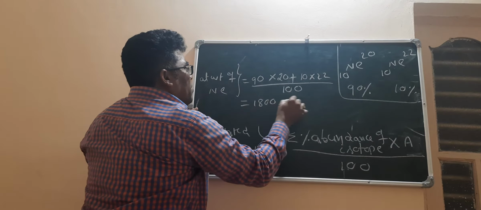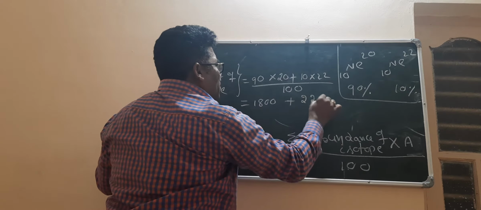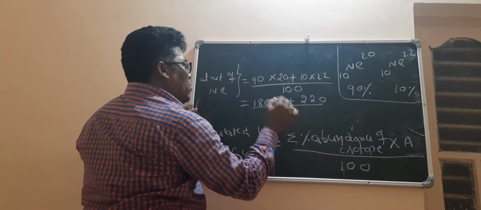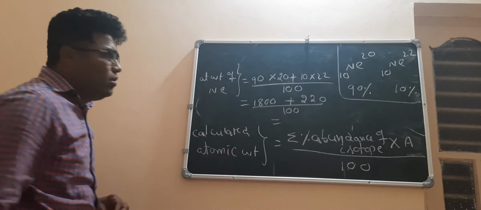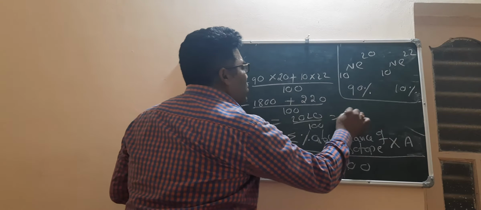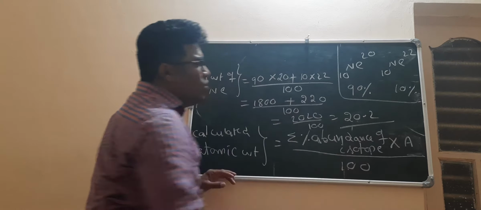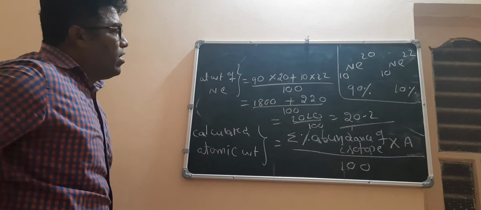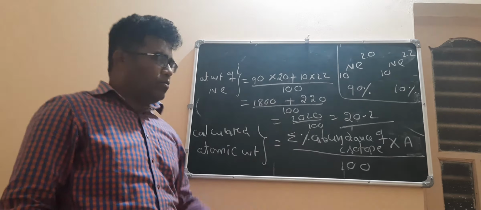That is 18 plus 220 by 100, which is 2020 by 100, equal to 20.2. So the calculated atomic weight of neon is 20.2.